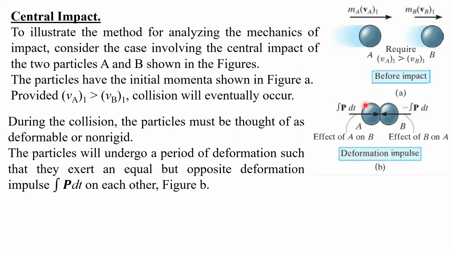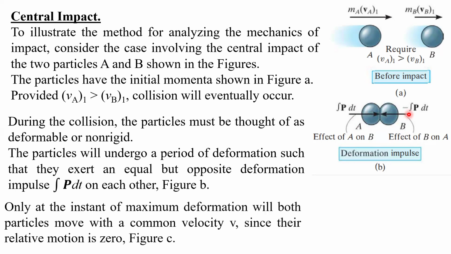So, action and reaction, they are equal and opposite. As particle A collides with object B, object B will react in the opposite direction. This line of force is the effect of A on B, while the line of force here is the effect of B on A. So action and reaction, equal and opposite.